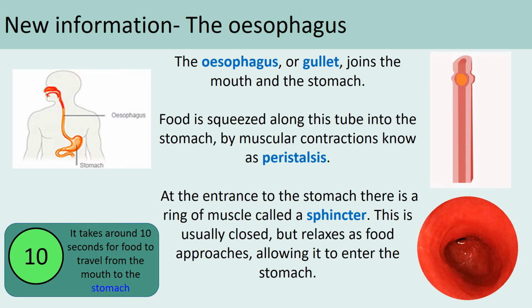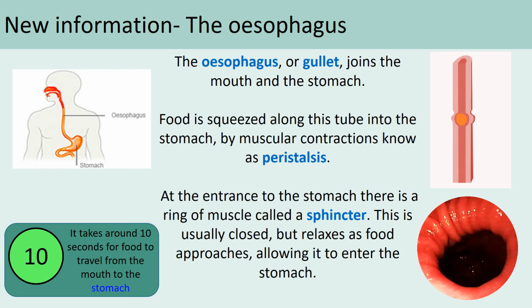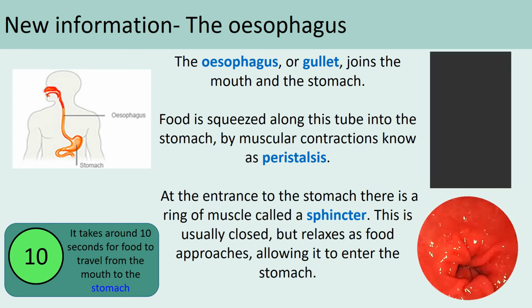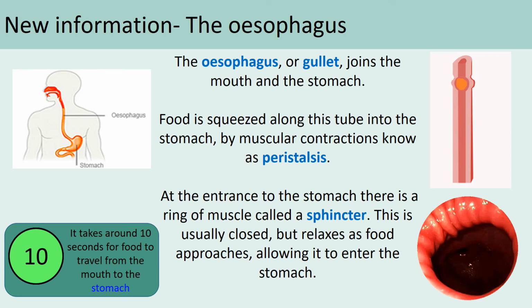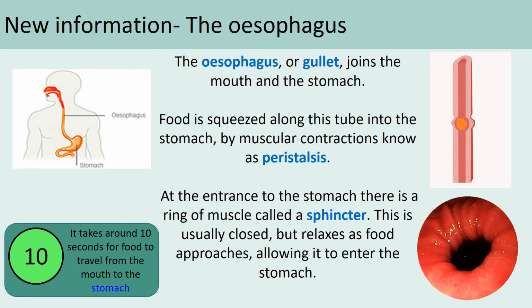Okay, next one, we've got the esophagus. Now, I prefer the term esophagus, but you might also see it as gullet. If you're watching any American programs, you'll see the O is missing, but we do include the O in the English spelling of it. And it is basically the tube that goes from the mouth to the stomach.